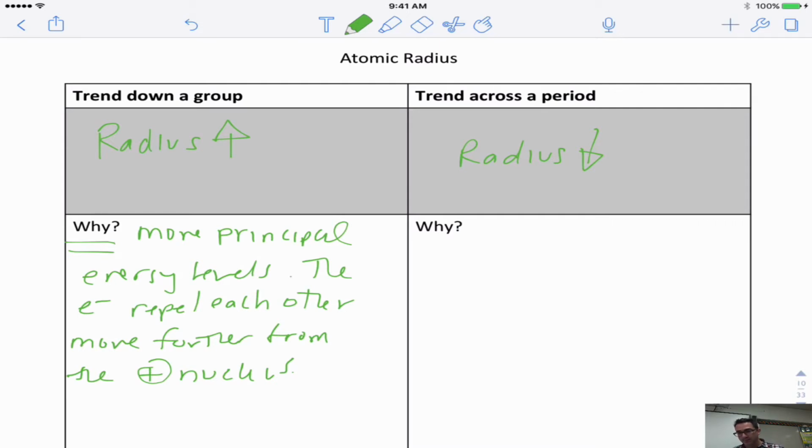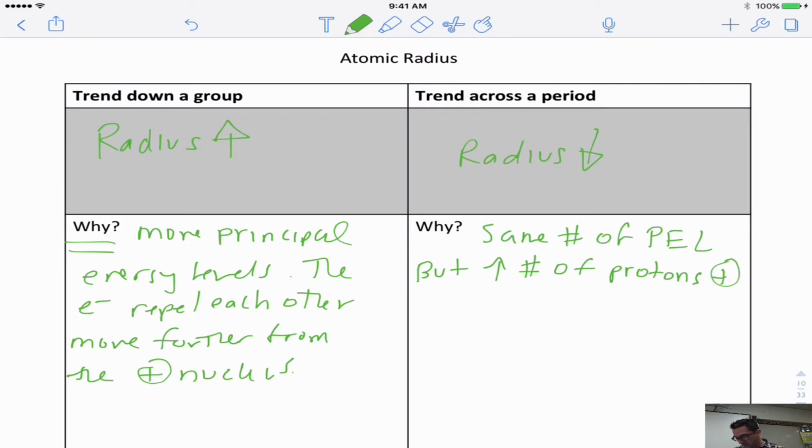When you go across a period, remember, you have the same number of principal energy levels, but you have an increased number of protons, which are positive. The nuclear charge goes up.